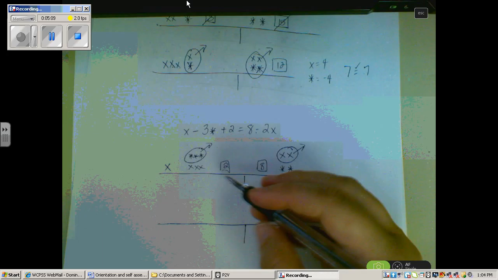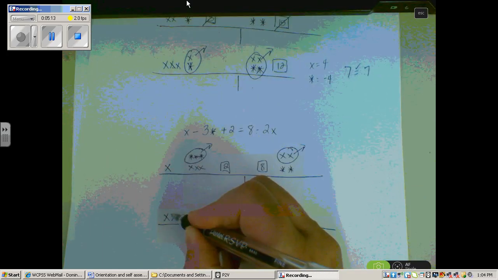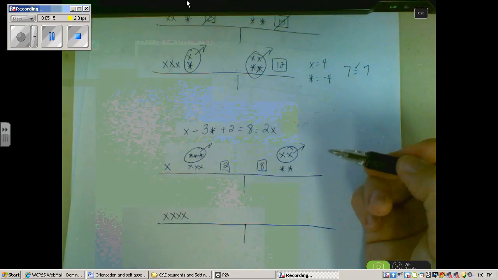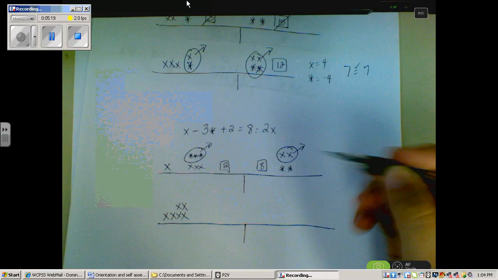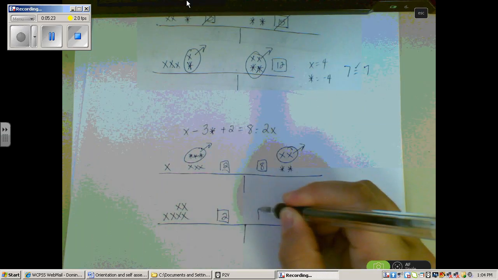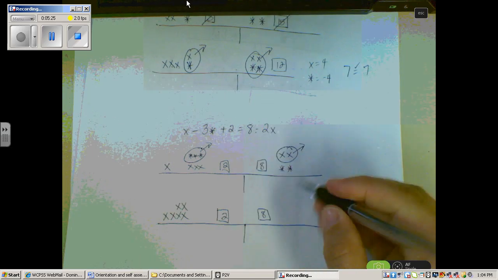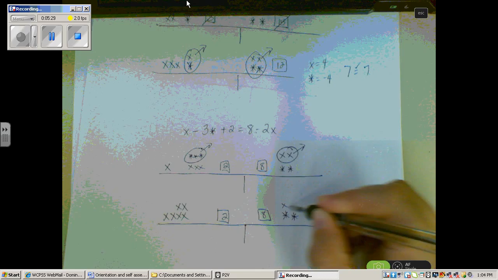So I'm left with x, 3 more, 1, 2, 3. Now I have to add 2 more. 1, 2, and 2, and 8, and star, and I have to add 2 x's to this side.